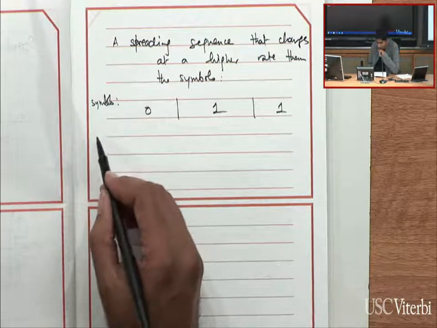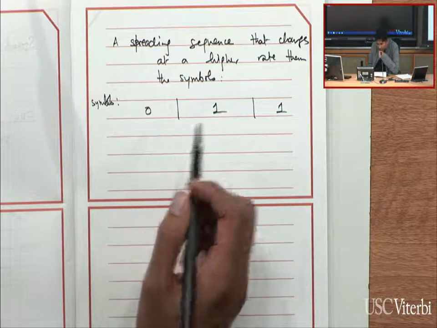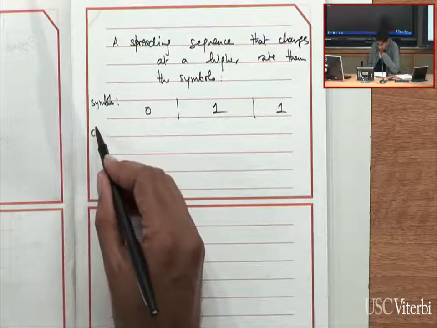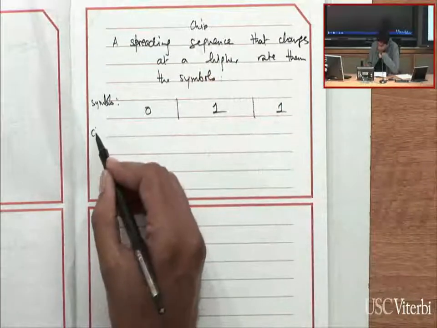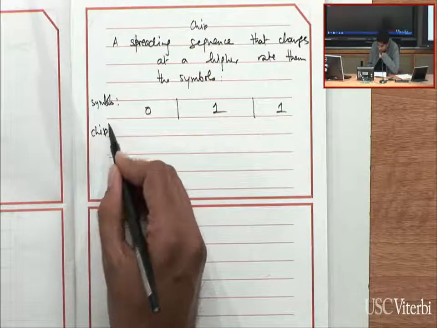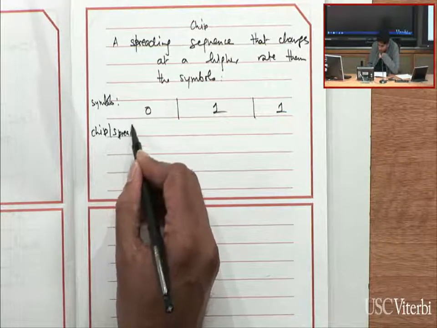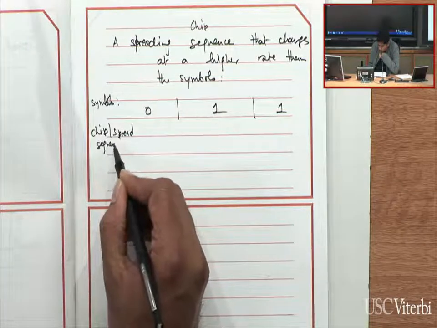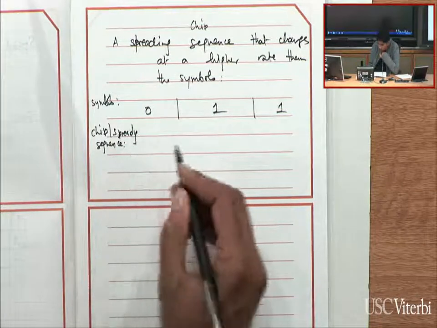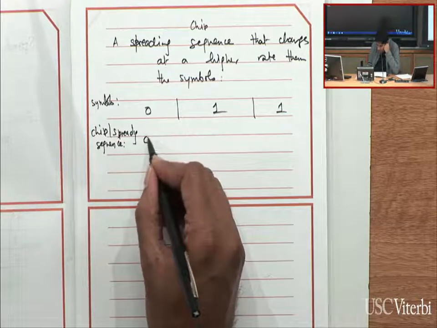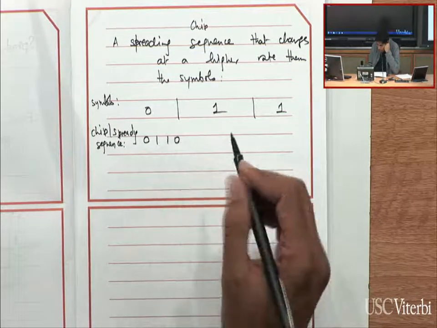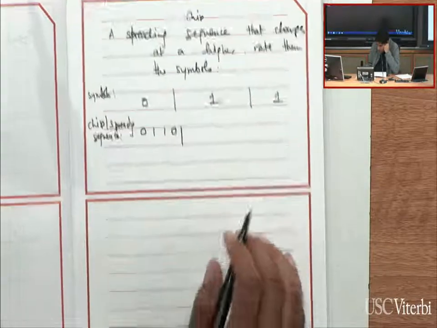And you have now a spreading sequence we're going to use. And the spreading sequence in this simple example, sometimes it's called a chip sequence, and let's say the sequence happens to be 0, 1, 1, 0. Okay.